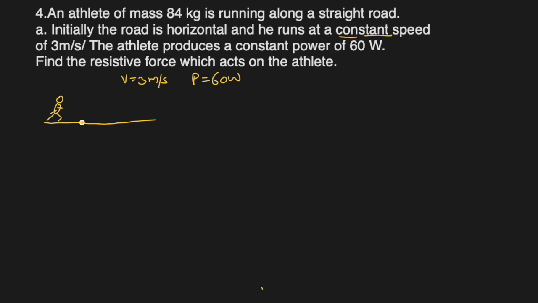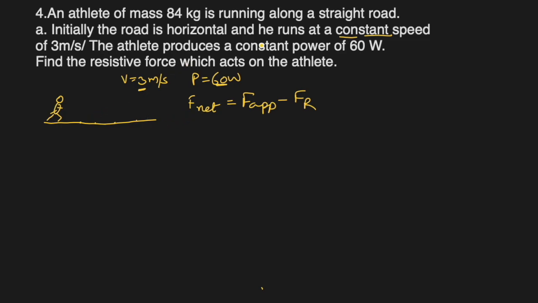So every moment the power is 60 watt means 60 joules of energy is being used up every second. So at every moment this is the speed and this is the power. Find the resistive force which acts on an athlete. Okay, so we know that the net force on any body is the difference of applied force and the resistive force.